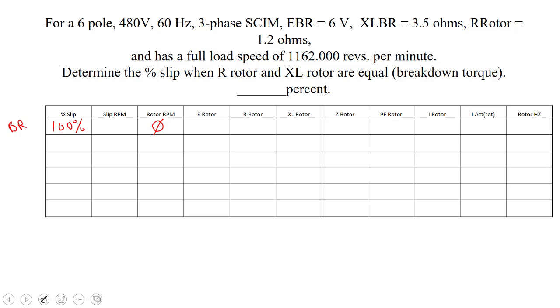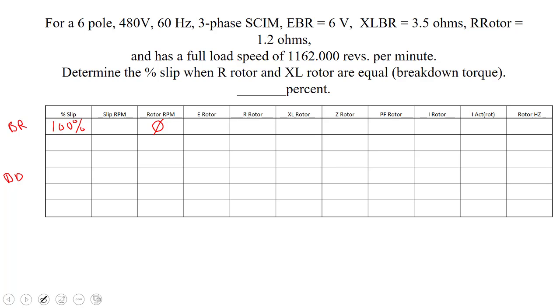The next thing is it wants to know the percent slip at breakdown. Breakdown occurs when R and XL are the same, or a 45-degree triangle on our impedance triangle. Voltage is 6 volts here.